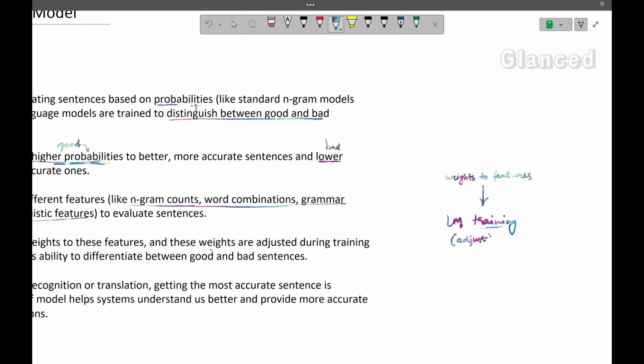Why does it have to adjust the weights? When the language model is trained for the first time, it may not give you the expected results. If it is not giving you the expected results, then again it has to undergo the training process. But while it is undergoing the training process for the second time, it has to adjust the weights of the features.